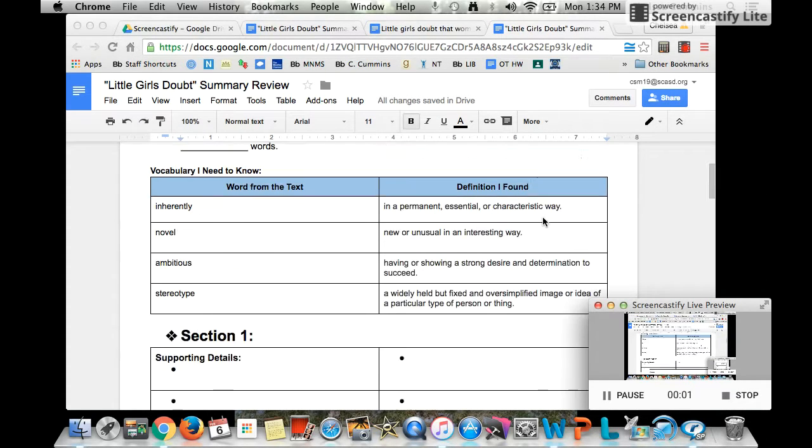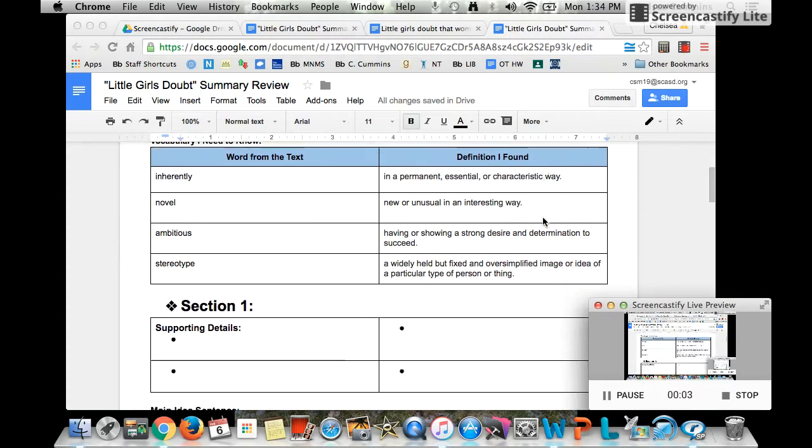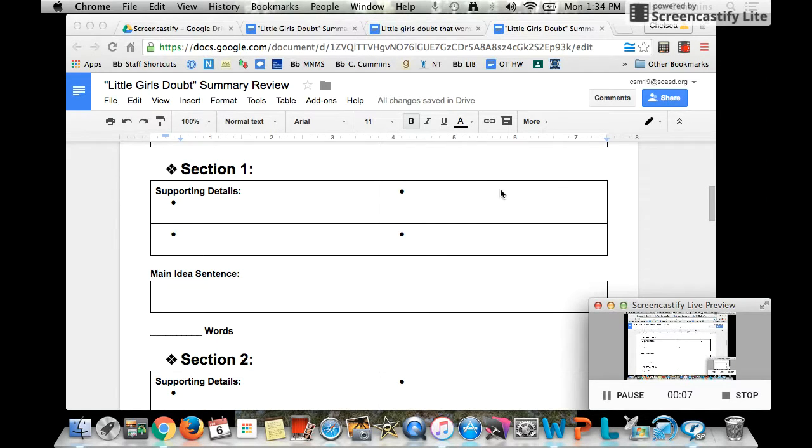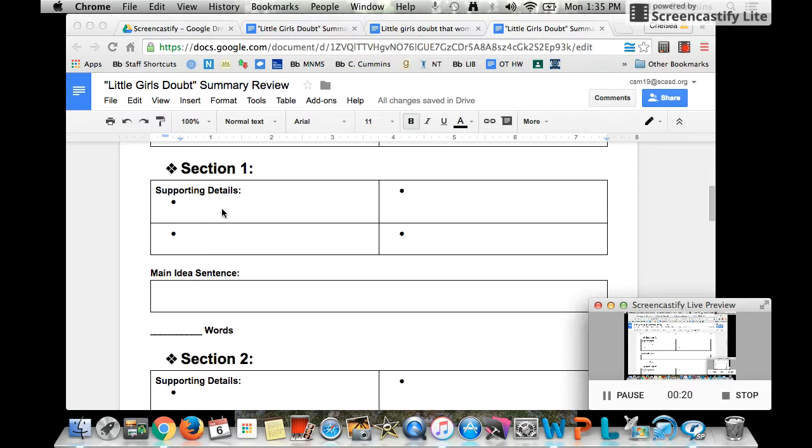Okay, next up, after we looked at the vocabulary words, now we can begin reading and looking at section 1. Keep in mind, this is where we need to pull from what we learned in the last class, where we were identifying the main idea and supporting details. So if you take a look at section 1 and your chart, after you're done reading section 1, you're going to look for all the supporting details, or the big key ideas that you discovered in those paragraphs.